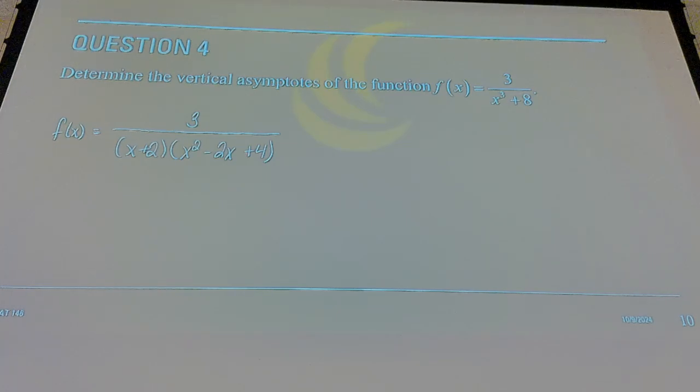What are the zeros of the denominator? Say positive 2 is 0.